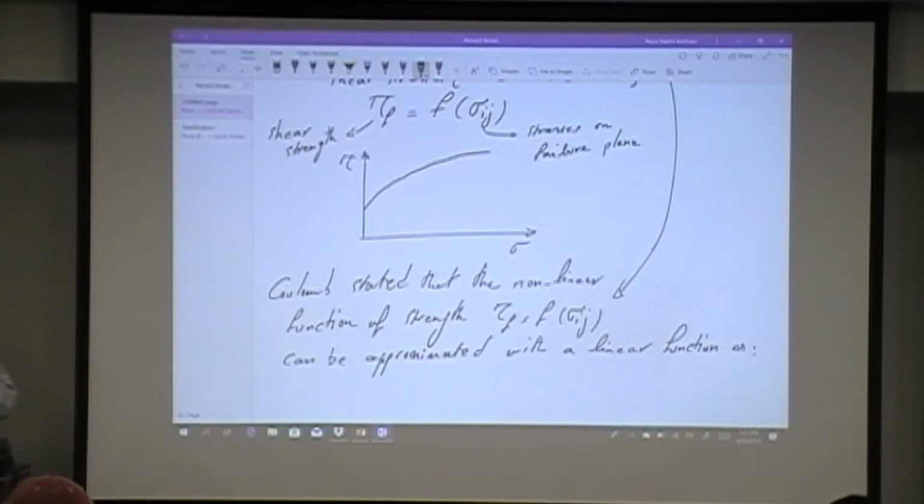He basically said that the nonlinear function that we have, tau equals f of sigma ij, can be approximated with a linear function. Alright, so let's talk about that linear function. I intentionally go slow.